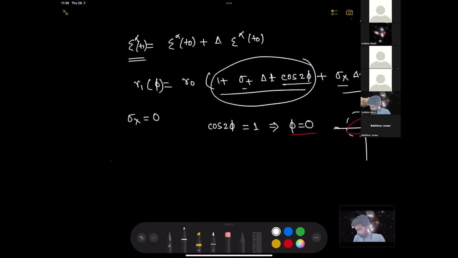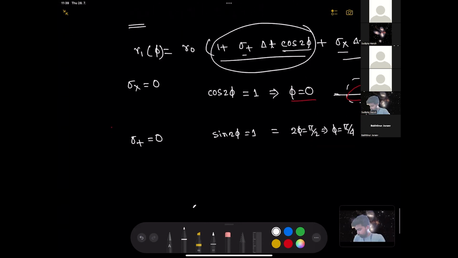And if we have, let's say, sigma plus equal to 0, then we have to maximize sine 2 phi, and sine 2 phi is 1. So that means 2 phi is pi by 2, so phi is pi by 4. And in this case, we will have something like this. So we see that here this angle is pi by 4.